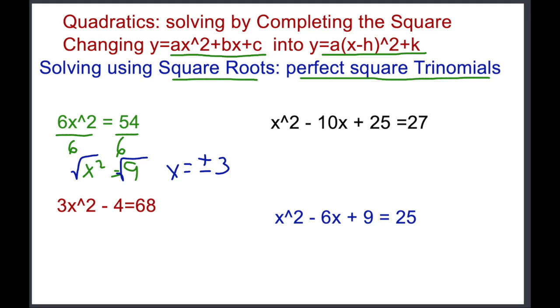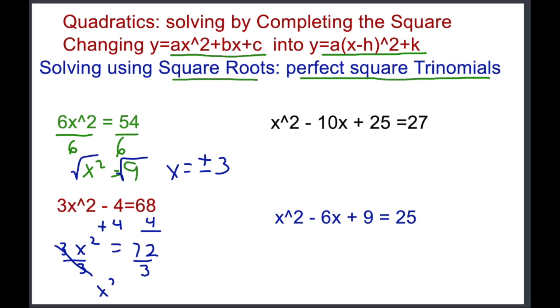Let's illustrate that a little further. We have another problem to solve by square roots. So first we're going to add 4 to both sides. 3x squared equals 72. To get the x by itself, we divide by 3 on both sides.